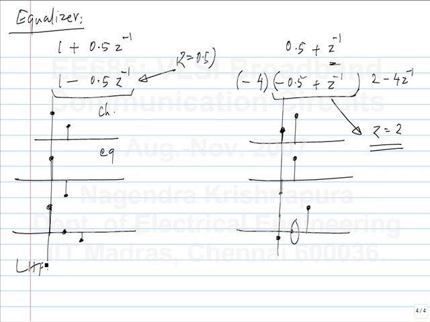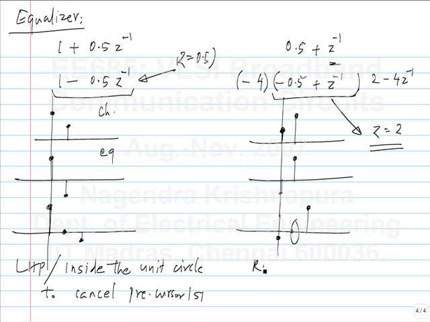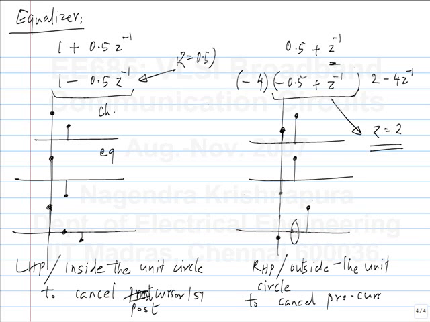So left half plane or inside the unit circle to cancel post-cursor ISI, and right half plane or outside the unit circle to cancel precursor ISI.